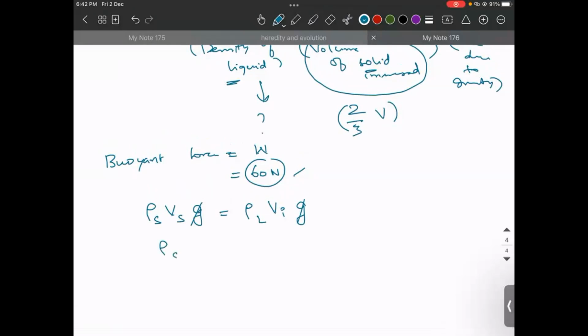So density of solid divided by density of liquid is equal to volume of immersed portion divided by volume of solid. The volume of immersed portion is 2/3 of the volume divided by the total volume. So V and V will get cancelled. Answer will be 2 by 3. Okay. Is the point clear?